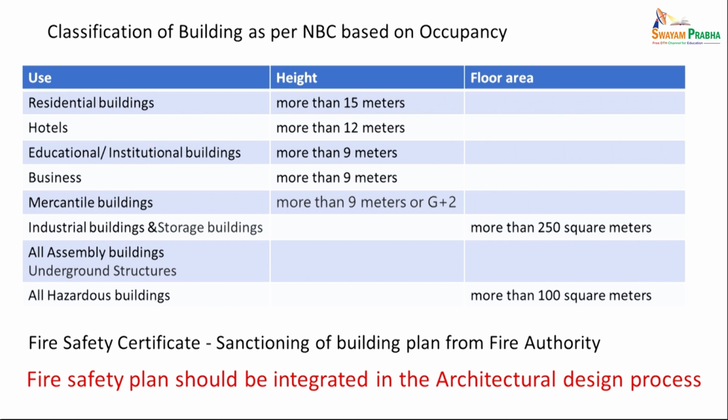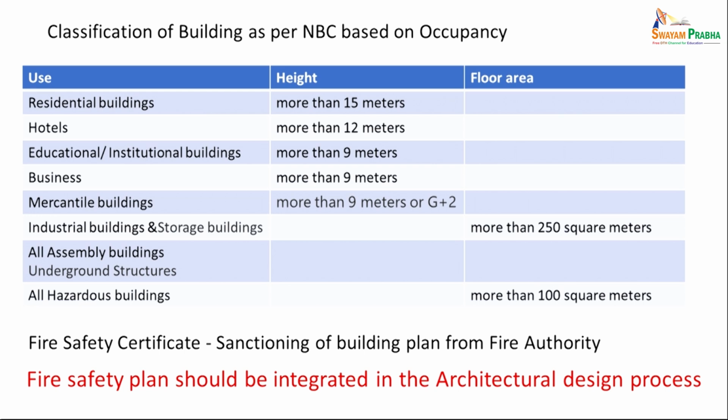Industrial buildings and storage buildings have no height cap. All buildings beyond 250 square meters, be it ground floor or 2 floors, have to get a fire safety certificate. All assembly buildings, irrespective of floor area or height, need a fire safety certificate, because it may be a ground floor, a small place, but if there is a fire in an assembly building, people will be coming, so fire safety for the occupants, the users who will be using the building off and on, should be ensured.